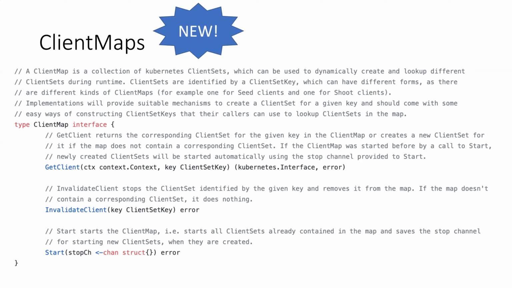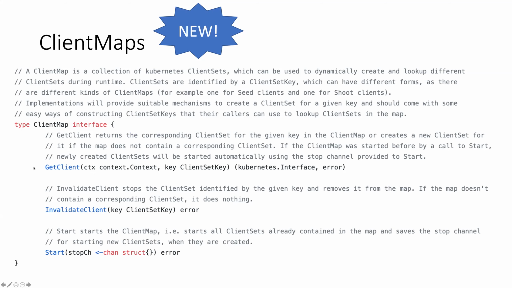So for example, a client map can store a garden client, but also a seed client and shoot clients. The main function you will probably use if you develop a controller is the get client method.